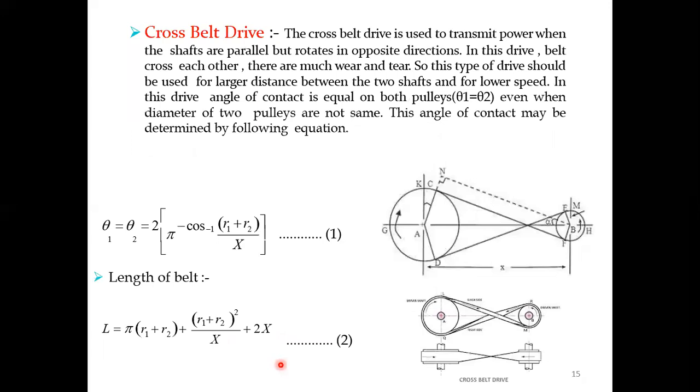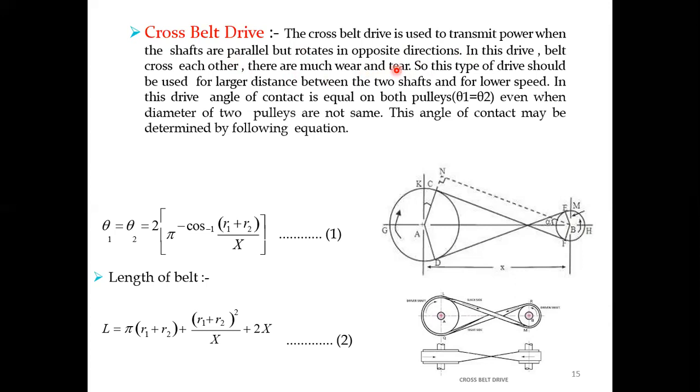Next one, cross belt drive. The cross belt drive is used to transmit power when the shafts are parallel but rotate in the opposite direction. In the previous one we saw the same direction; here it is used for the opposite direction.